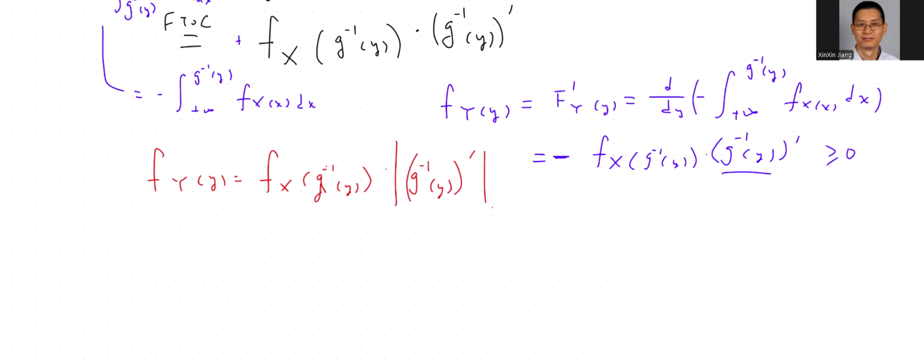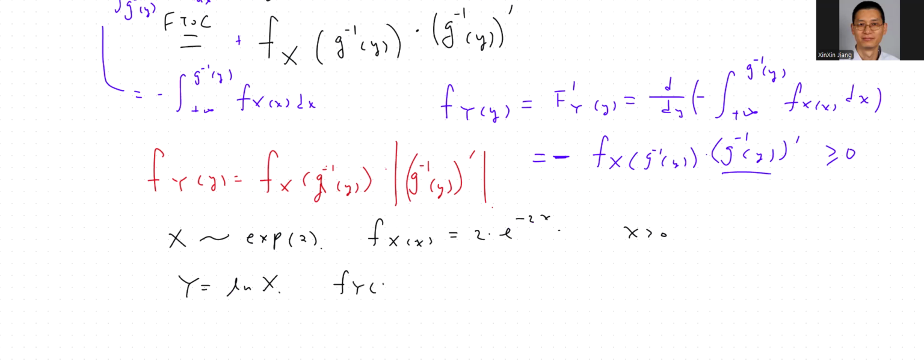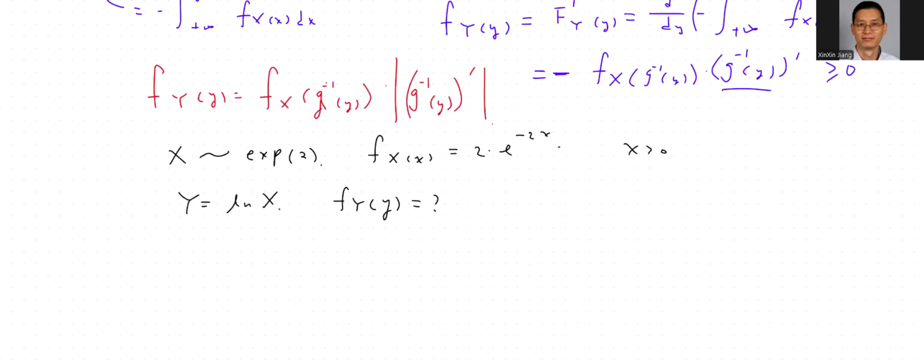Say X is an exponential distribution with lambda 2. So the density would be 2 times e to the negative 2x, for x greater than 0. Let's define Y to be log of X, and let's look at the density of Y. All right, so log x is increasing, so we can use this formula.